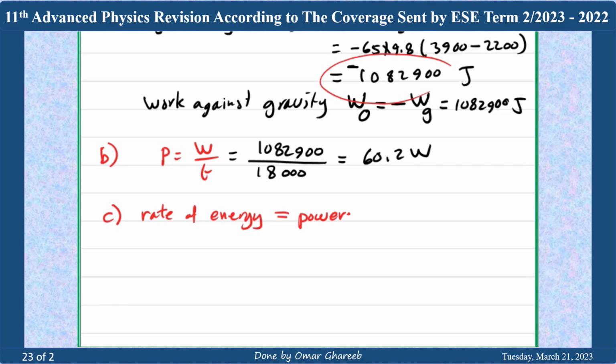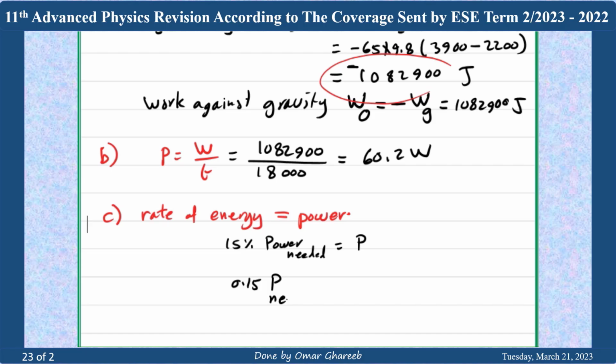Now, 15% of the power needed equals the power that we found in question B. So the power needed times 15% equals the power reduced here in B. Now 15%, I can write it like this, 0.15.